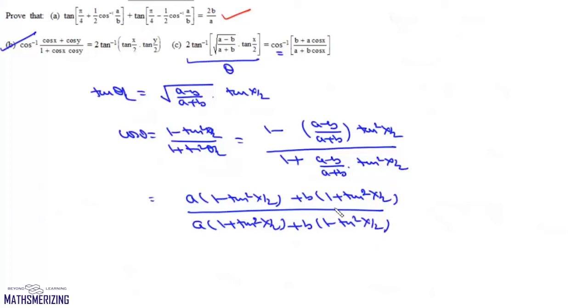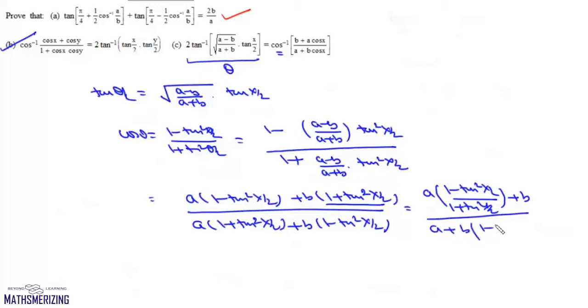Now what we'll do is we'll divide numerator and denominator with 1 plus tan square x by 2. So we can write this as a into 1 minus tan square x by 2 upon 1 plus tan square x by 2 plus b, and here it will be a plus b into 1 minus tan square x by 2 upon 1 plus tan square x by 2.